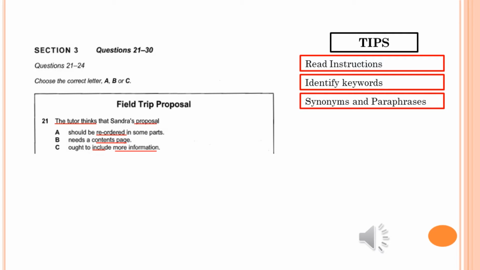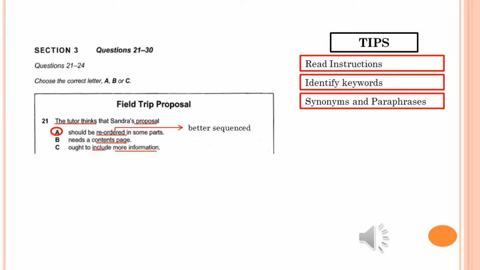The answer is A. Although you didn't hear the exact words in the question, you did hear something similar. Option A says Sandra's proposal should be recorded in some parts. However, in the recording, you heard the speaker say, "I've made a few notes on the proposal about things that could have been better sequenced."